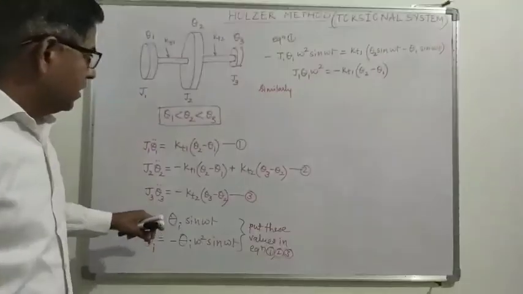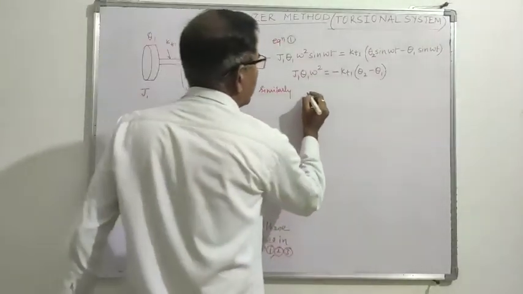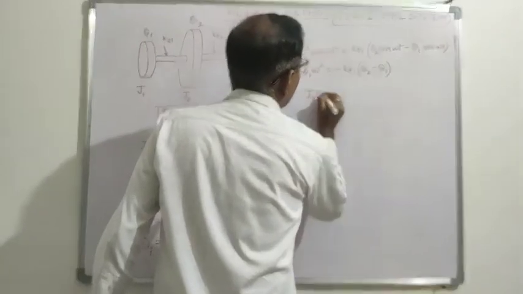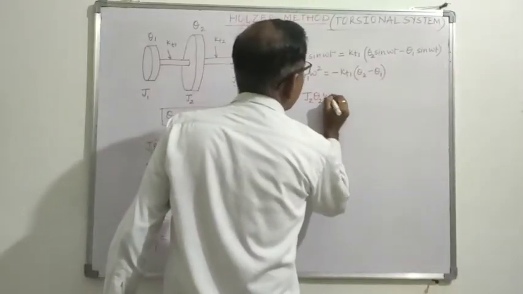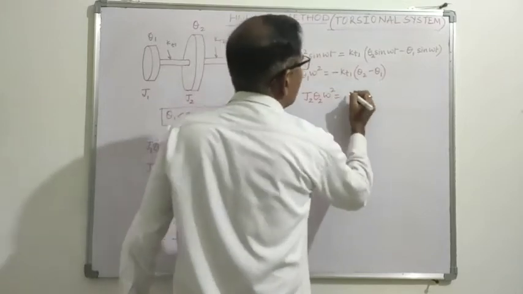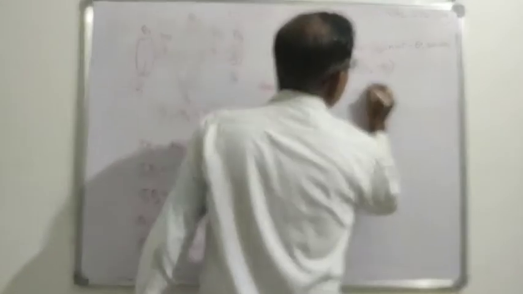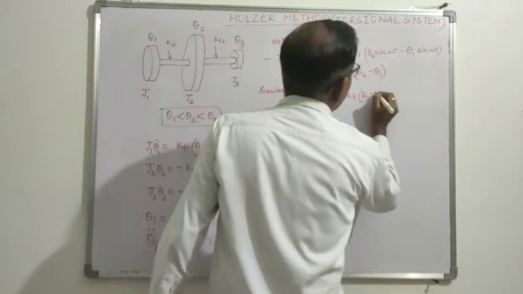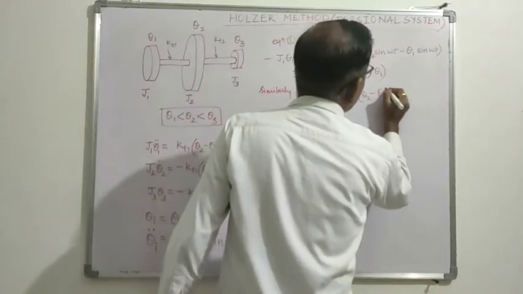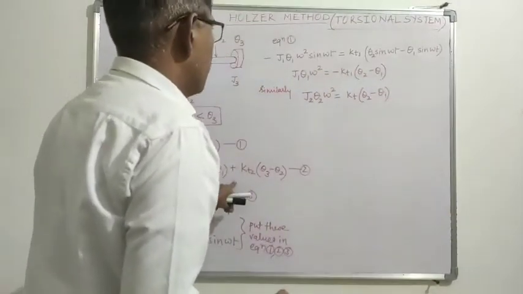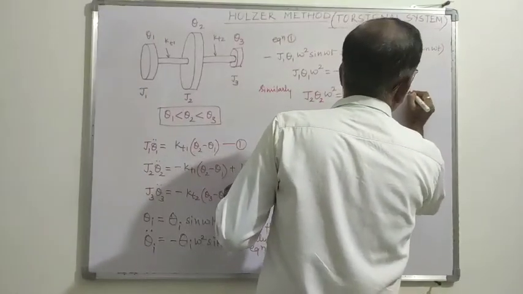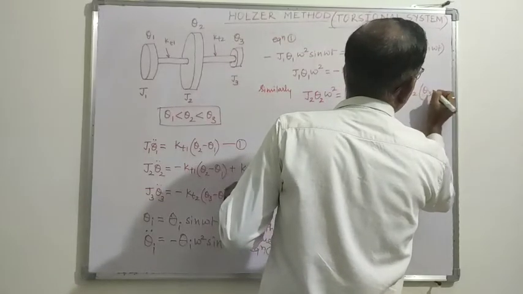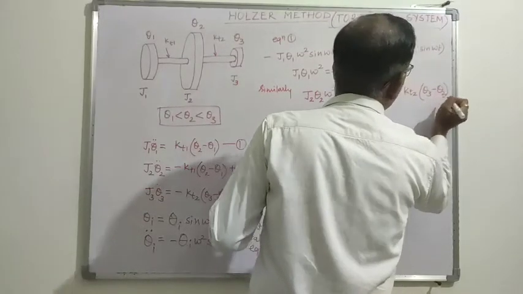Similarly, equation 2 becomes J2 theta 2 omega square is equal to KT1 (theta 2 minus theta 1) minus KT2 (theta 3 minus theta 2).